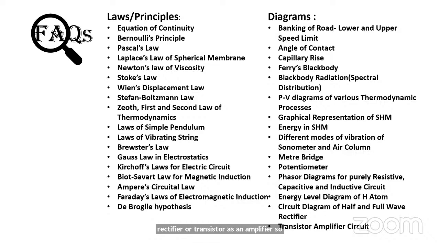So simultaneously, you are preparing yourself not only for 2 marks diagram question, but you are also preparing yourself for the 3 marks question. Fine. So these are the key points which cover laws, then principles and diagrams.